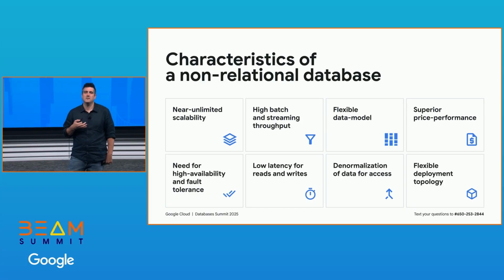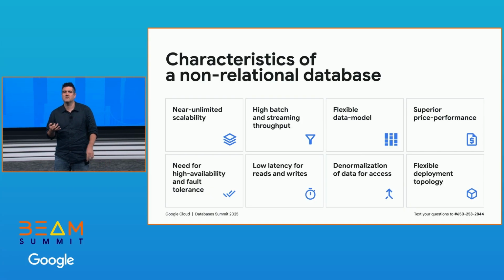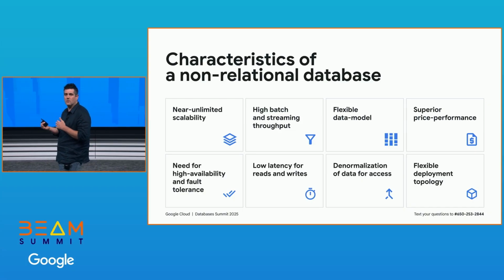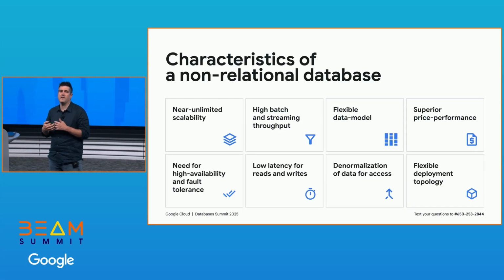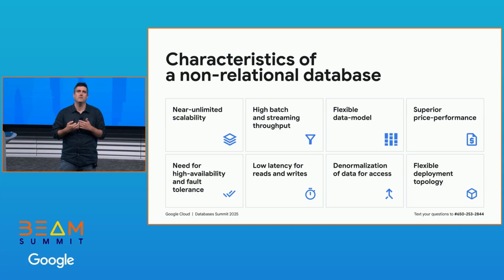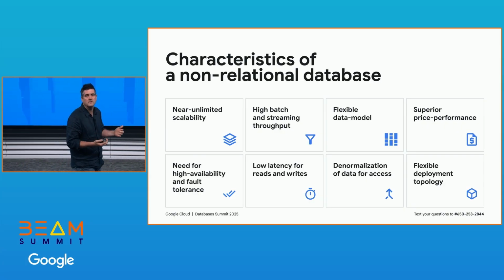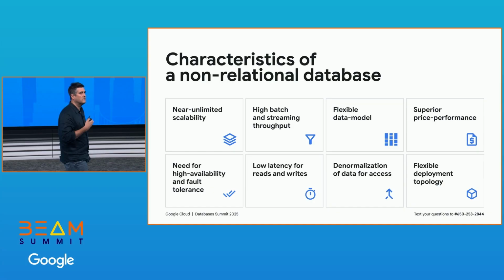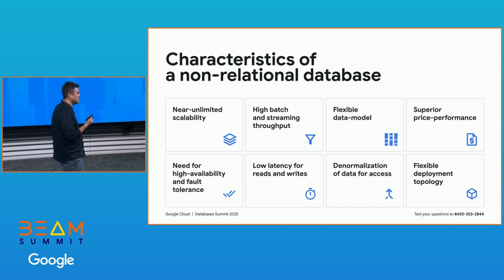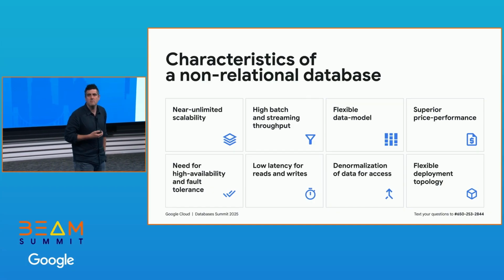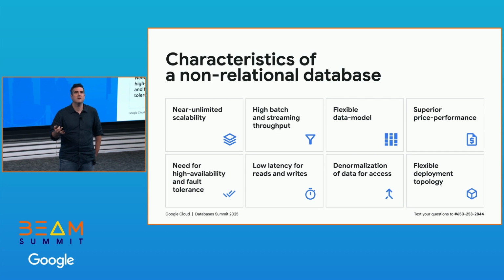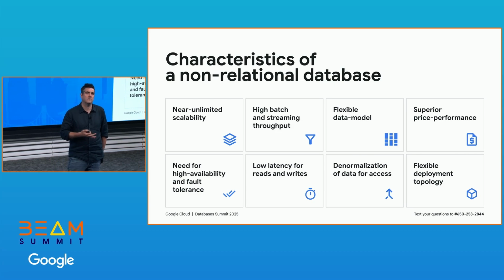In addition, you're talking about unstructured or semi-structured data storage, so you really have to handle that flexible schema. And then you typically do the modeling in denormalized storage. You are making some trade-offs here, but at the end of the day, you often get much better price performance at scale when you look towards these non-relational models.